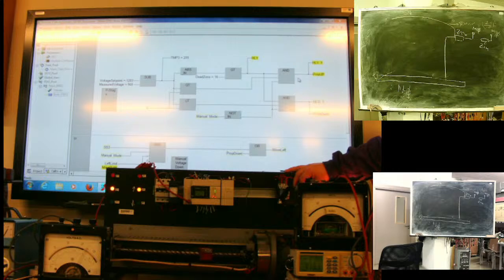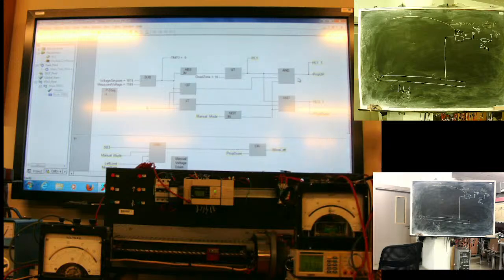I'll set to something around 140 volts. 140 volts, current 0.47 amps, and consumed power is 60 watts. It should be multiplied by 2. But okay, third division. Now, let's see how it will react to change of the primary voltage.